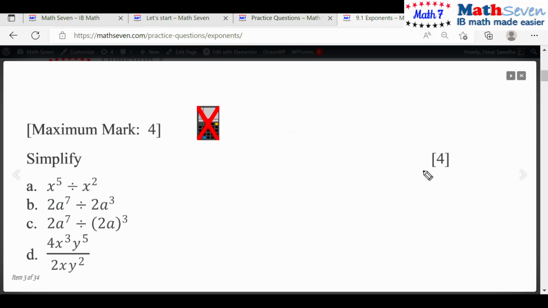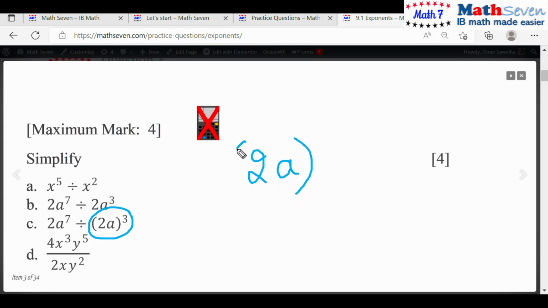Done. Now for this one, let me explain it to make this very clear for you students. This point is very dangerous. Now for this one we have a rule. It is 2a all to the power of 3.